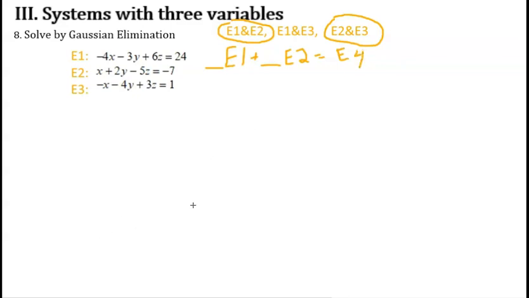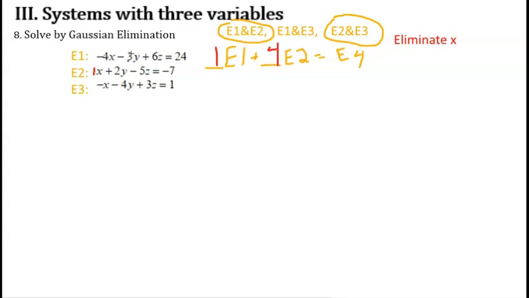Let's figure out what that something is if we're eliminating X. To eliminate X, we want these to cancel. So we could leave the E1 alone, just multiply by 1. E2, we can multiply this by 4 to get them to cancel, because 4x plus negative 4x is 0x, they're eliminated.